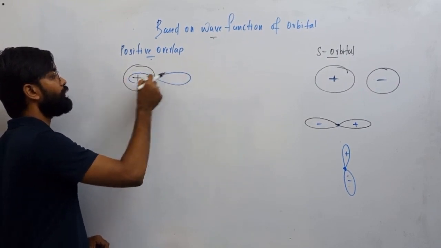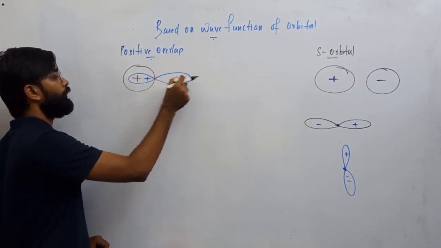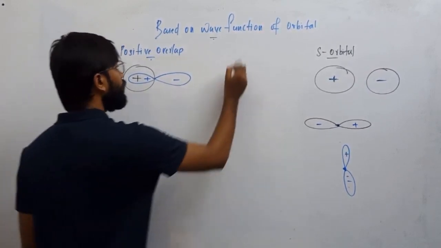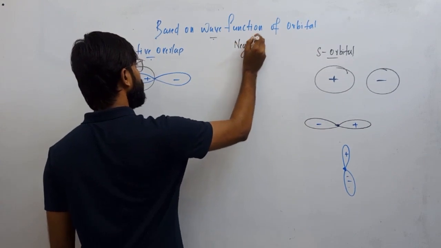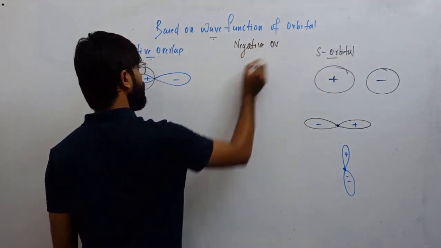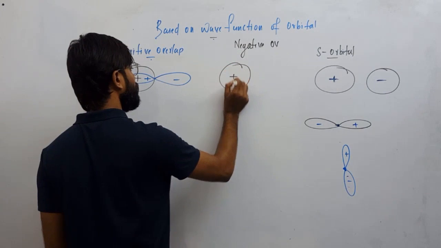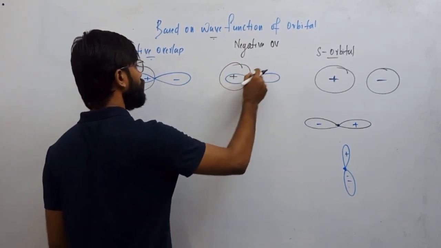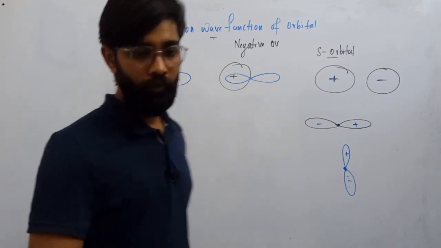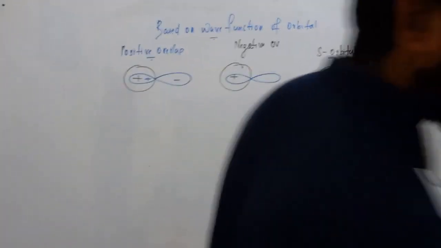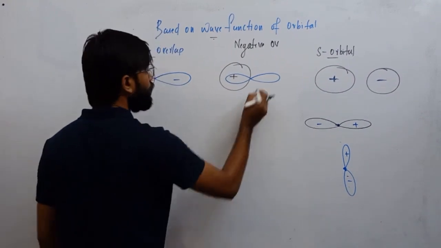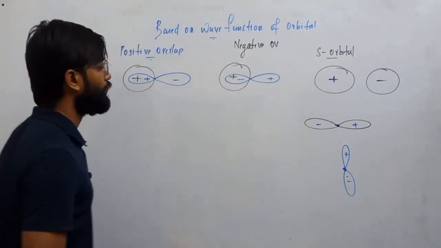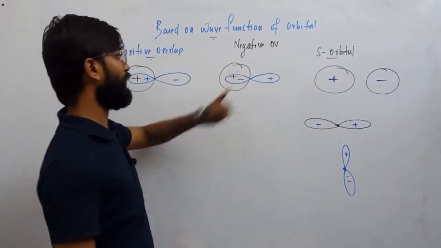If this is overlapped with a p orbital with the positive lobe like this, this represents a positive overlap. Similarly, what will be the negative overlap? If the very same s orbital has a positive designation and is overlapped with the negative lobe of a p orbital, this is represented as a negative overlap.